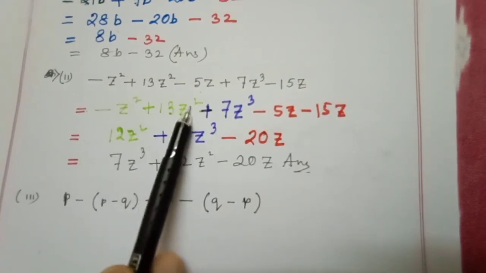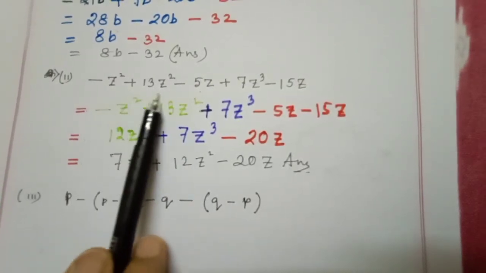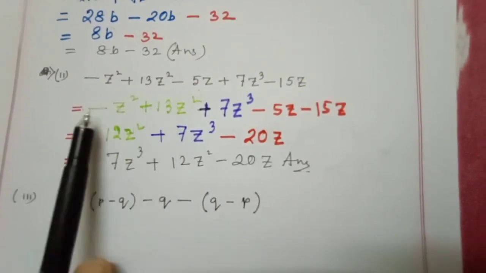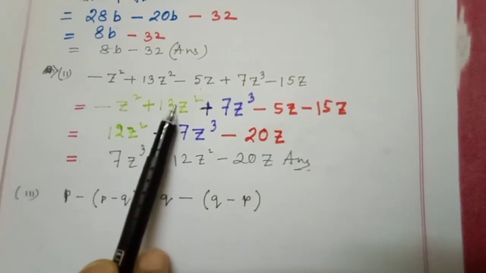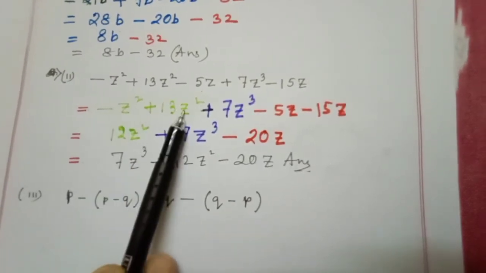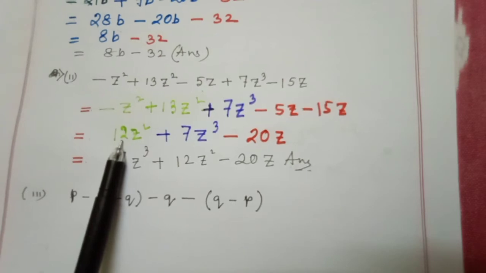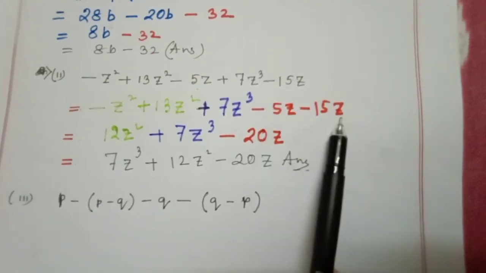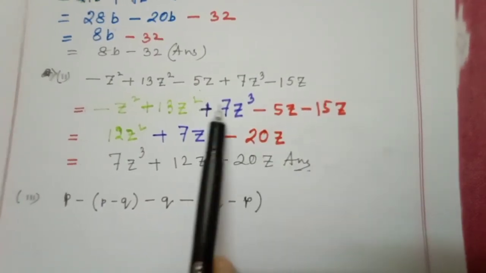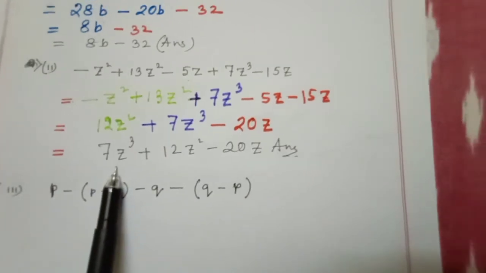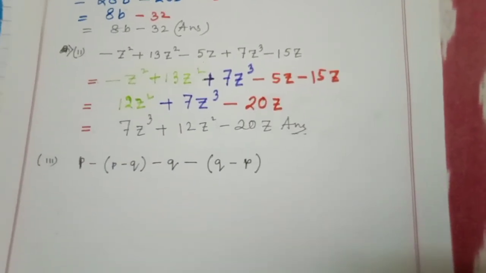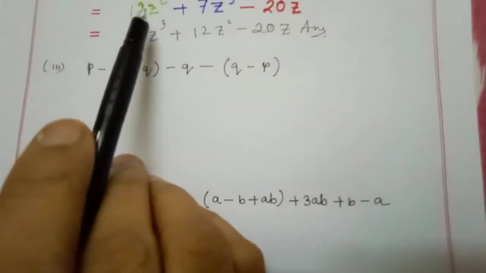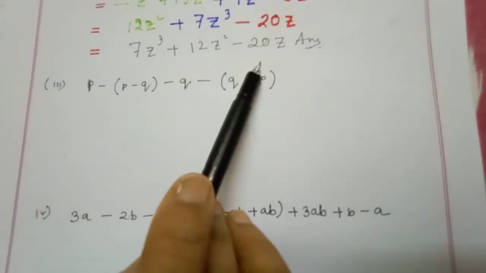So whatever mathematical operation you can do, you have to do with these like terms only. Then minus z square and 13z square give 12z square, minus 5z and minus 15z give minus 20z, plus 7z cube. Understood? These are the operations on like terms, and this is the last answer.